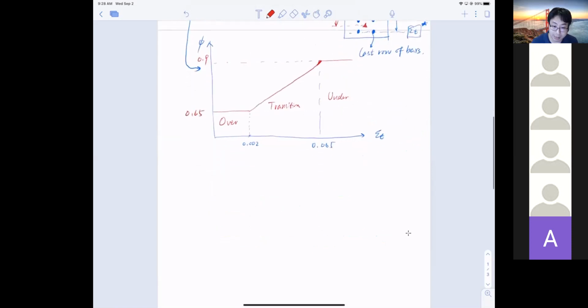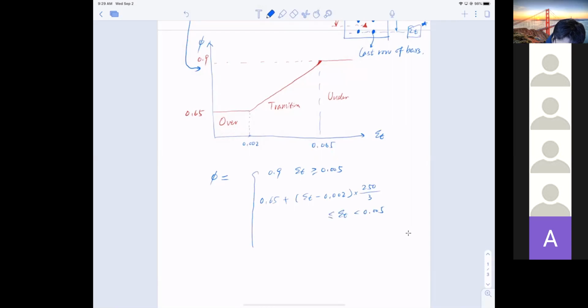And I have equations for them. The equation for the strength reduction factor phi is as follows. Phi is 0.9 when epsilon t is bigger or equal than 0.005. Phi equals 0.65 plus epsilon t minus 0.002, multiplied by 250 divided by 3, when epsilon t is smaller than 0.005 but bigger than 0.002.